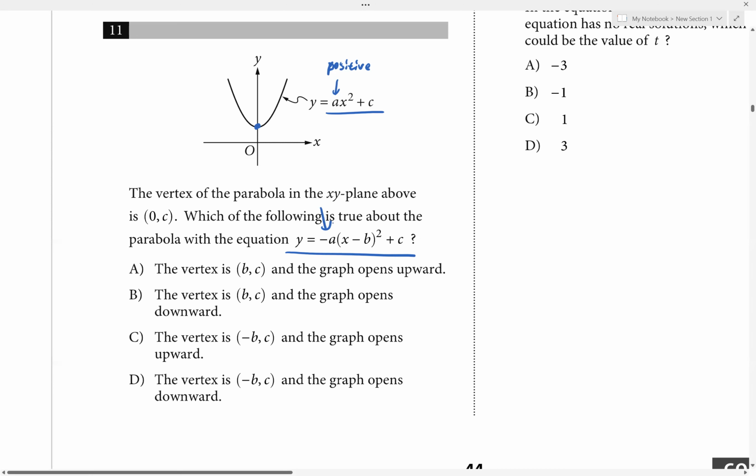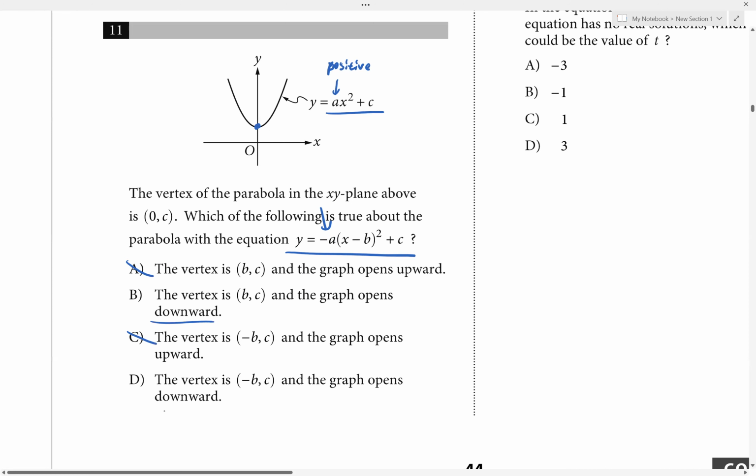So instead of opening upward, now it's opposite, and the graph should open downward. So it's related to transformation here. This is like a reflection over the x-axis. I have a negative here, so a used to be positive, but now will be negative. So it opens down.